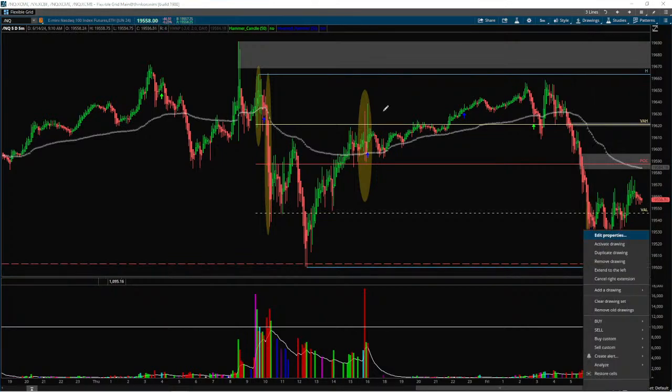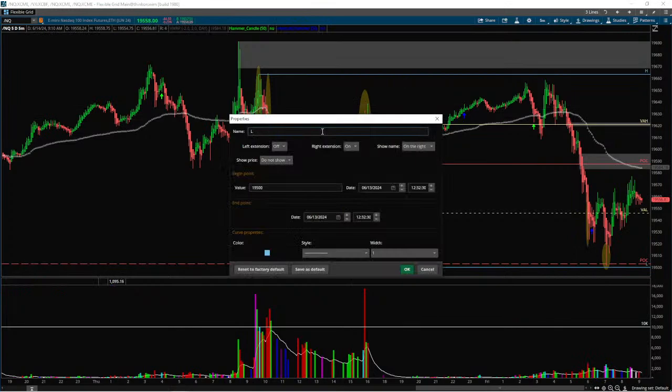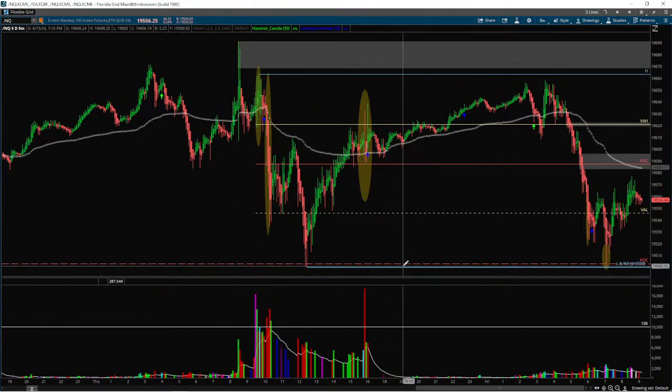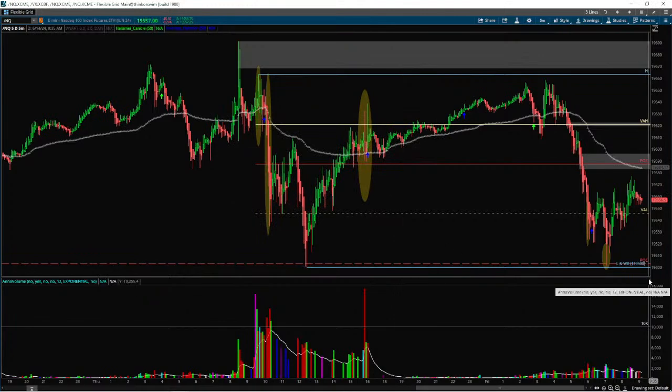So let's change that into this. I'm going to show the price on the right, and we want to make it 2. So that's what we're dealing with.